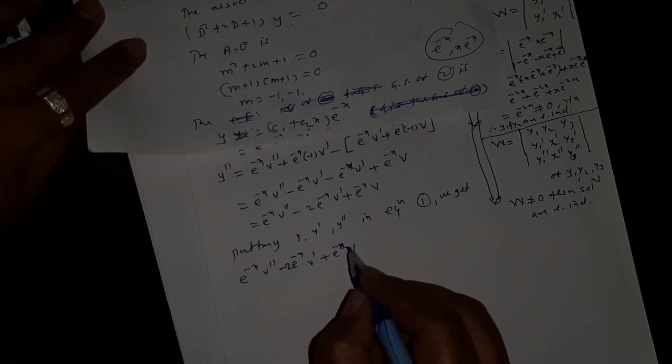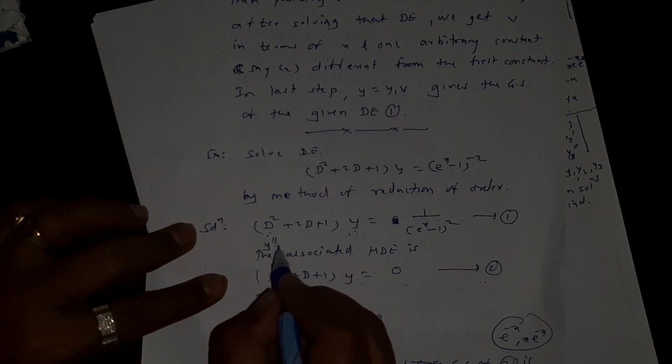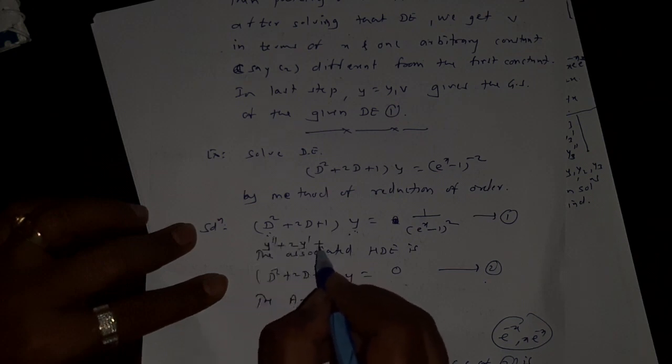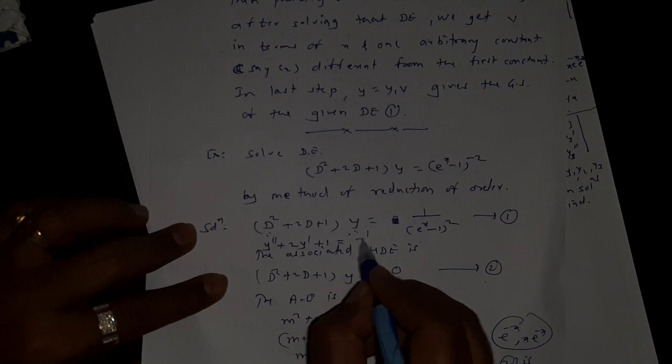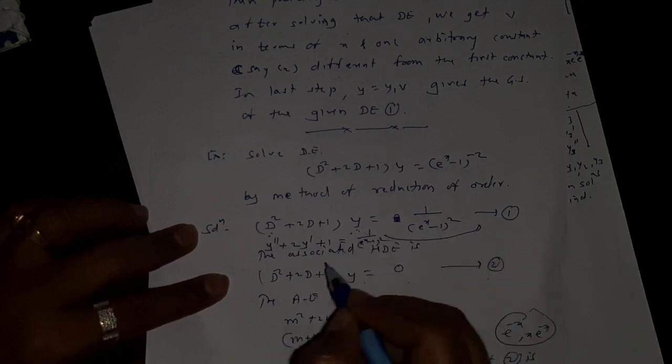This is y double dash plus 2 y dash plus 1 y is equal to 1 by e raised to x minus 1, bracket square. This is equation number 1.